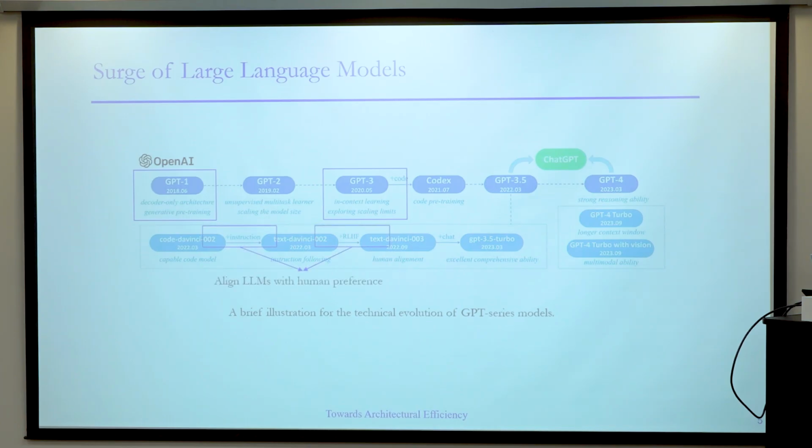In another line of research, they combine instruction tuning and also reinforcement learning from human feedback to align the output or the response from large language models with human preference. If you combine these 2 lines of research, one line for a stronger pre-trained model, and the other for how to align this stronger pre-trained model with human preference, then you basically have ChatGPT.